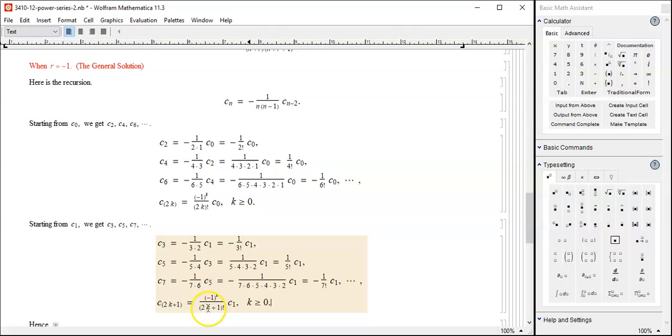So we have factorials of the odd numbers and an alternating sign.